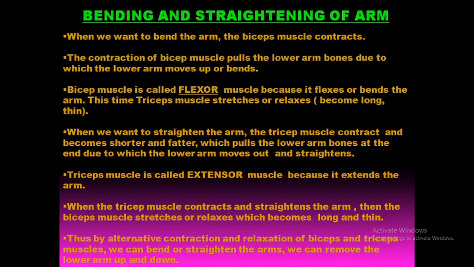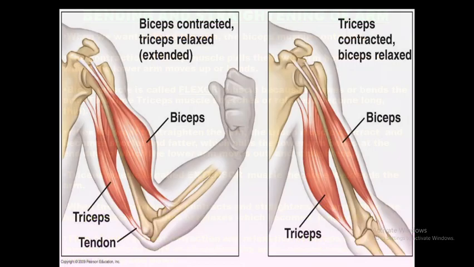In this context, please note that the bicep and the tricep muscles just bend and straighten the arm. Here is the diagram or the picture you can see: when the bicep contracted, tricep relaxed. Relaxed means it extends. And in the other diagram, you can see when the tricep contracted, bicep relaxed.